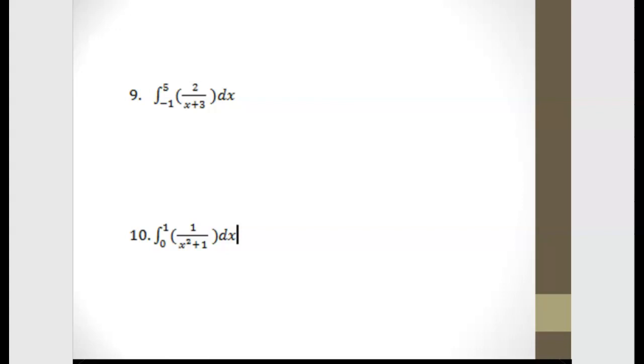So technically, I could look at this as 2 times the integral from -1 to 5 of 1 over x plus 3 dx. So that 2 can be taken out, thus making the numerator the derivative. So you have to be careful with constants.